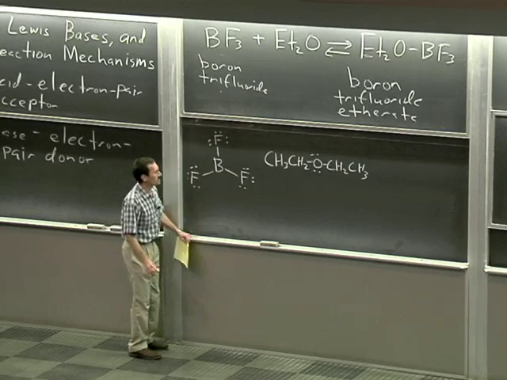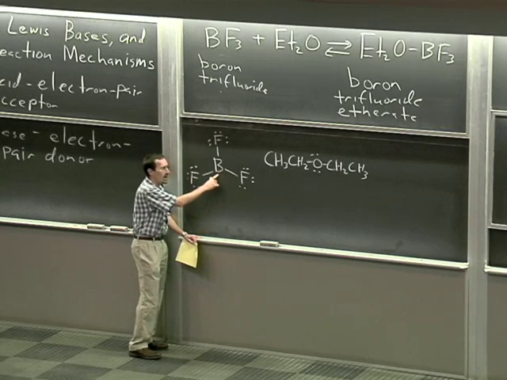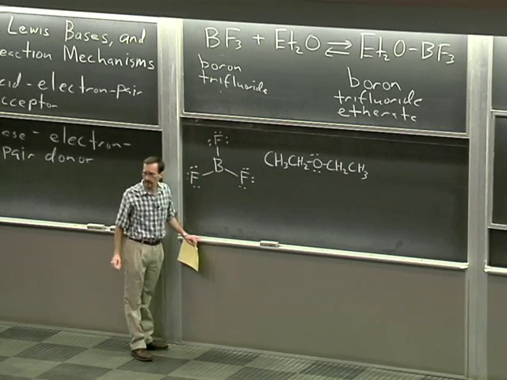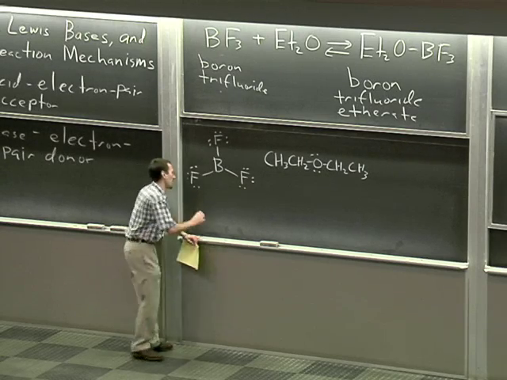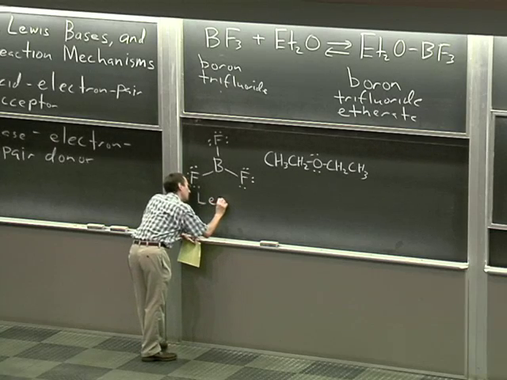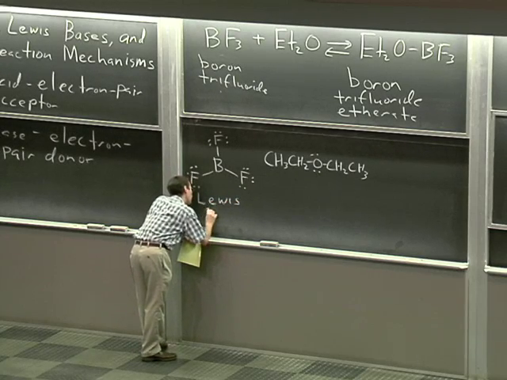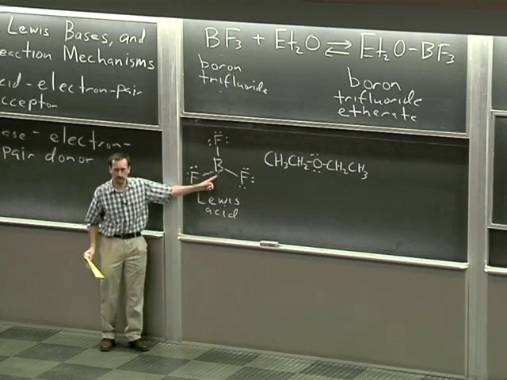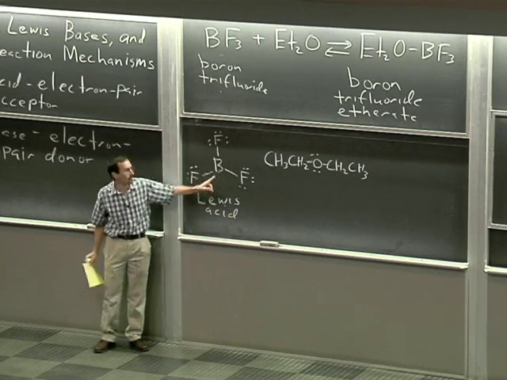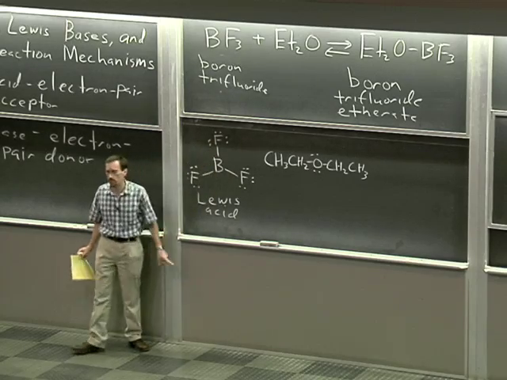The boron trifluoride accepts a pair of electrons from the diethyl ether, so it is acting as a Lewis acid. Boron doesn't have a complete octet, except by resonance you can write structures in which it does.